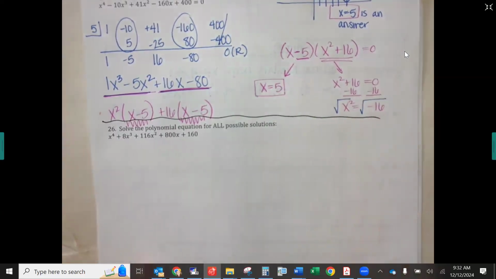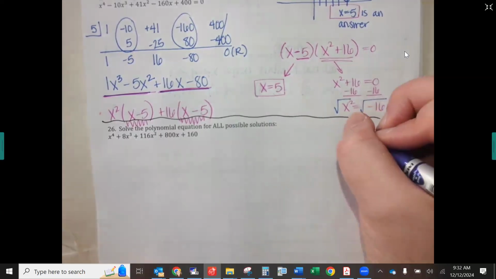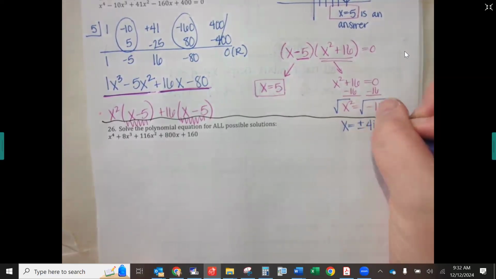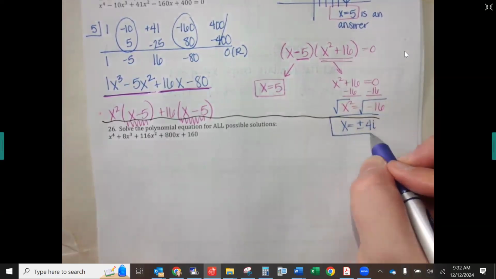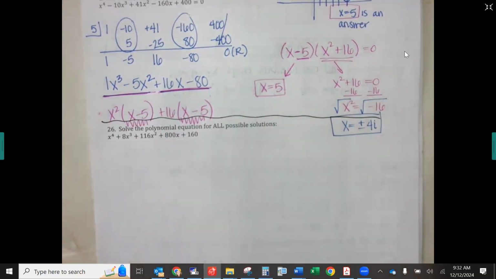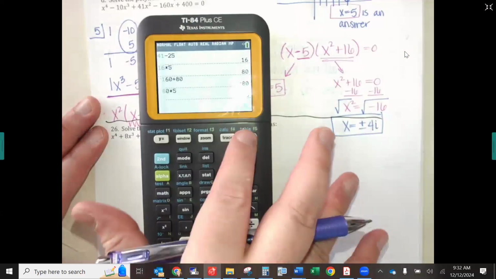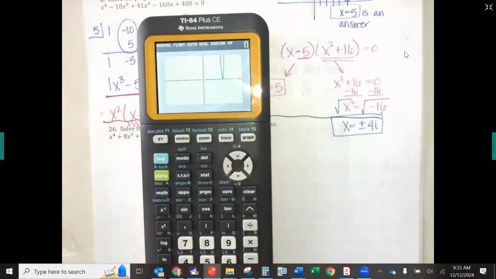And then what is the square root of 16? 4. So it's going to be plus or minus 4i. And do you remember that the i comes in because you're square rooting a negative? Those answers are imaginary. So if you look at your graph, do you see that it never crossed the x-axis again? That's because your other two answers are imaginary. That means you're not going to see them on the graph. Okay?